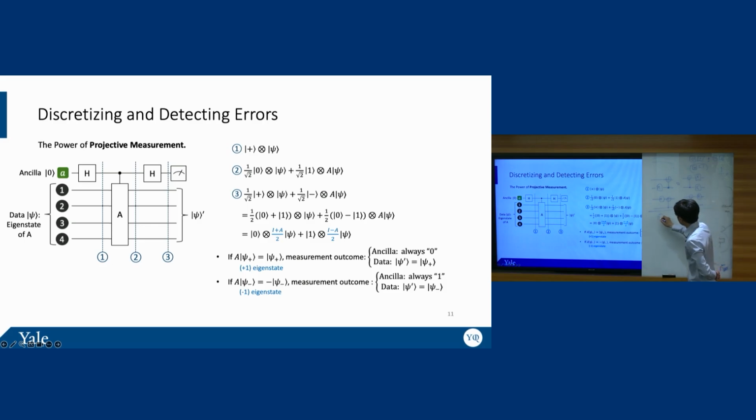But another way to answer your question about the ordering of the CNOT gate is the following fact. If you have a Hadamard gate sandwiching both sides of the controlled NOT gate, this is in fact equivalent to flipping the direction of the CNOT. You can check by looking at the matrix and how they multiply.